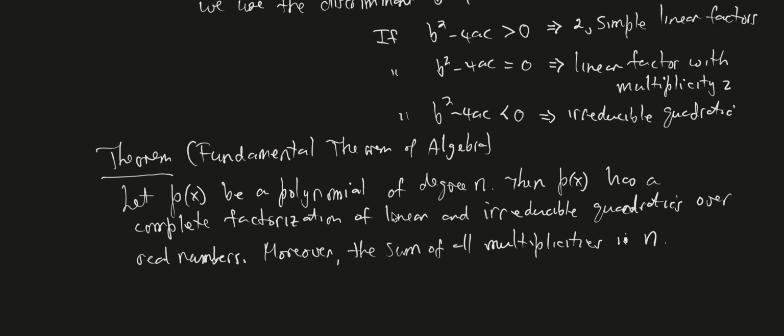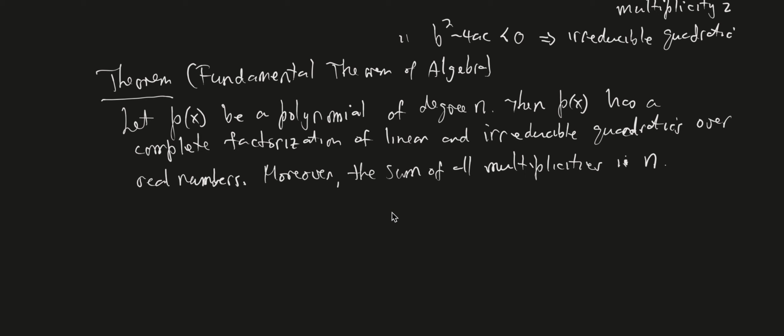And so the idea is that every polynomial, no matter what the degree is, has a complete factorization where all the factors are either linear or irreducible quadratics. And some of them might be repeated, right?